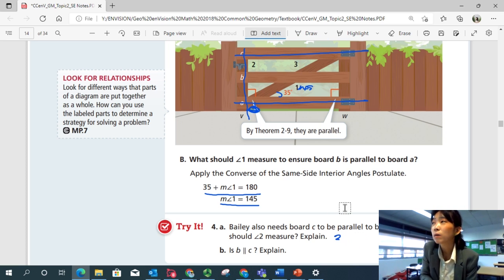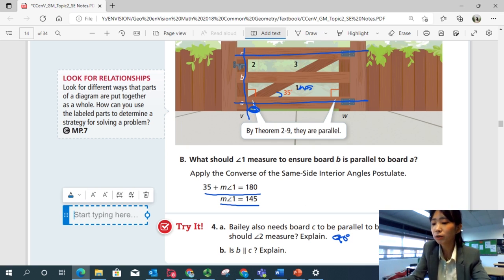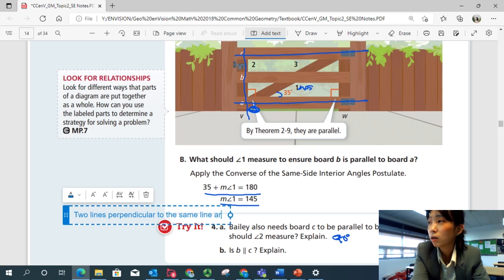How do we explain in words? Explain in words. You can say that 2 lines perpendicular to the same line are parallel. That was one of our theorems, right? 2 lines perpendicular to the same line are parallel.